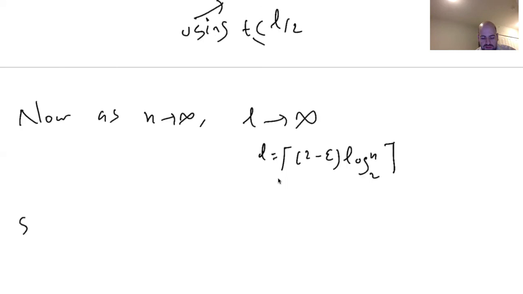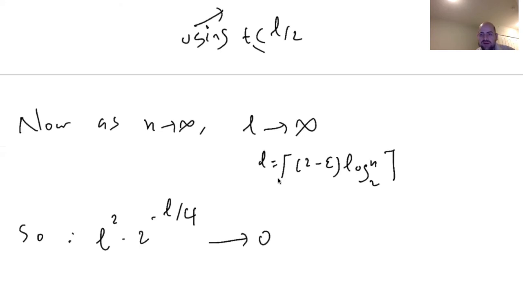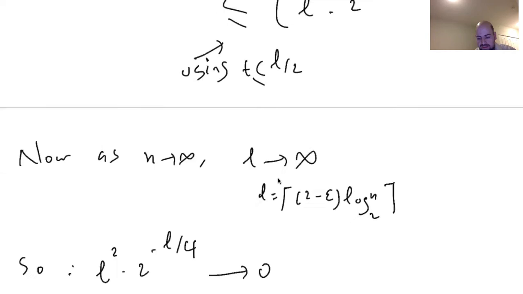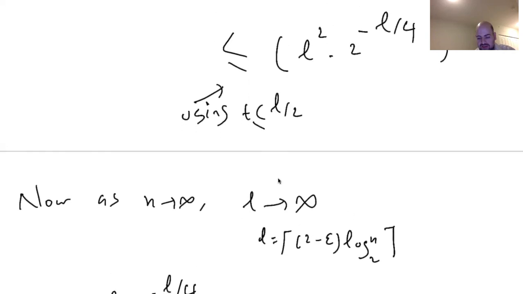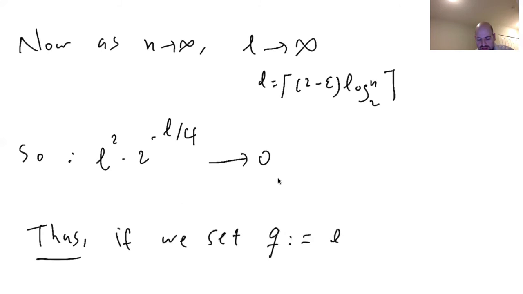So L squared times 2 to the power minus L over 4 goes to 0. Exponentials, of course, dominate over polynomials. And so what can I say about this term now? Set q equal to L squared times 2 to the power minus L over 4.